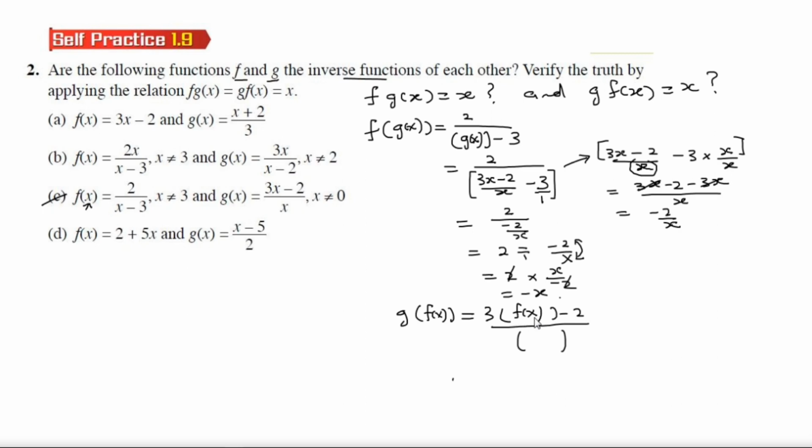Do the same thing for this right hand side. So what is our f(x)? Our f(x) is equals to 2 over x minus 3. So we get 3 times 2 over (x minus 3), minus 2, over 2 over (x minus 3).